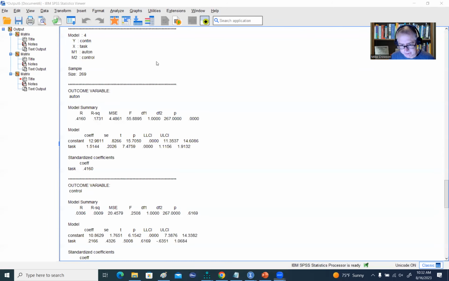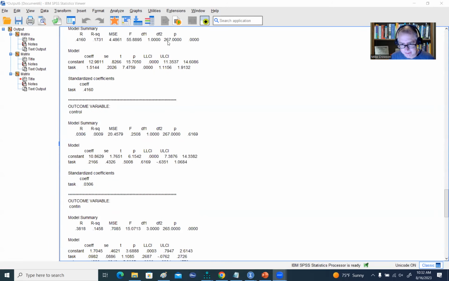Then, if we scroll down a little bit further, with respect to the regression of controlled motivation onto task orientation, there's a positive regression slope, but it's not statistically significant. So that part of our model is not supported.